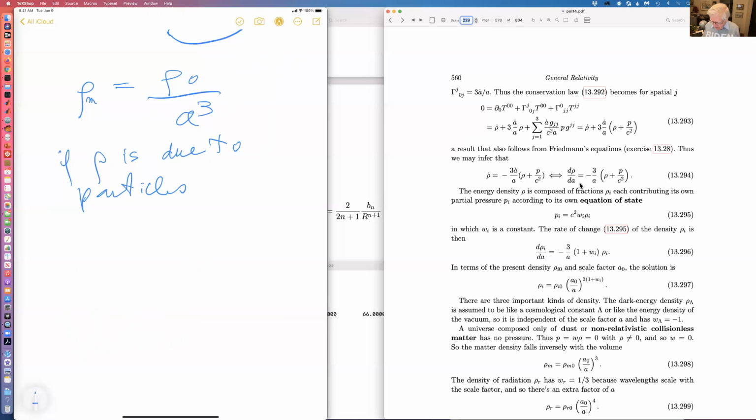For energy, or for radiation, on the other hand, ρ sub r is ρ0 over A to the fourth, and the reason for that is that when you expand space, the wavelengths grow bigger, and therefore the energy of the photons drops proportionately.